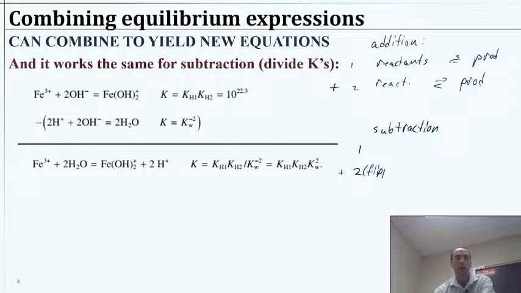And what I mean by that is we could say reactants in equilibrium with the products. And then we could add to it, if we wanted to, the products on the left side in equilibrium with the reactant.